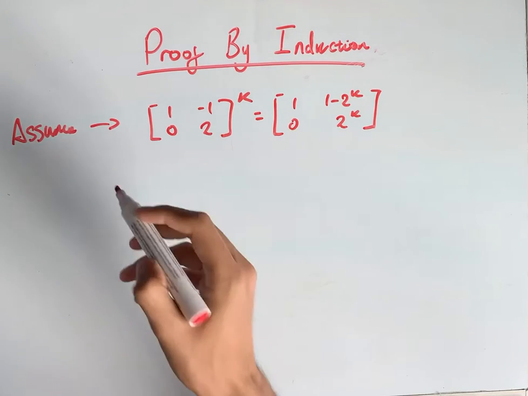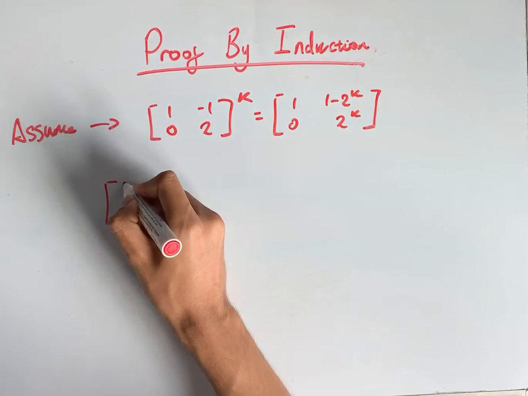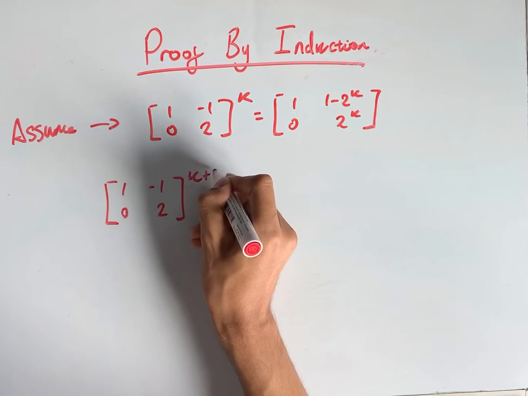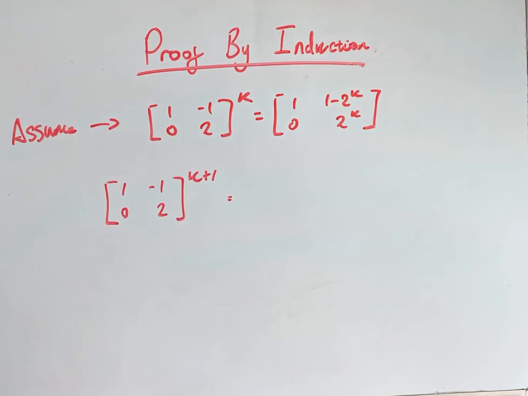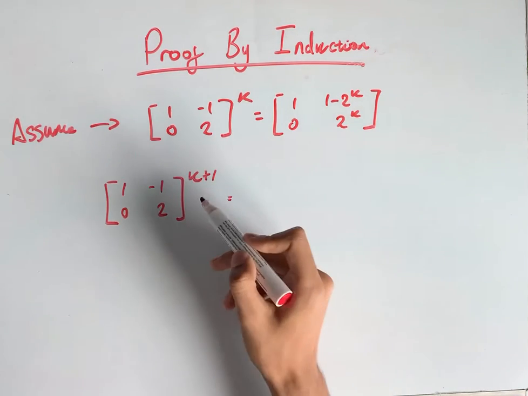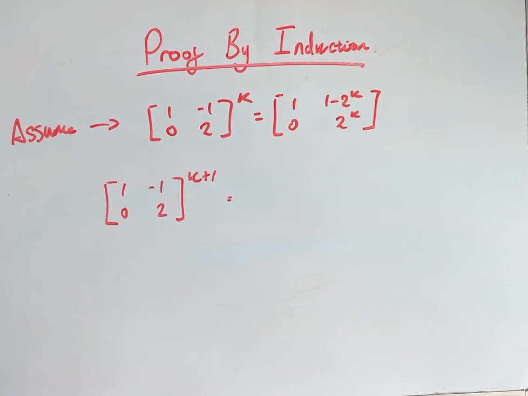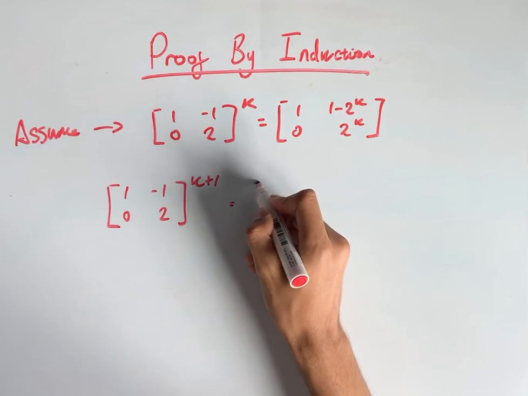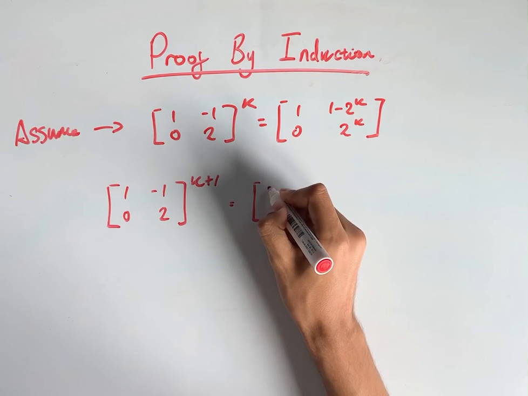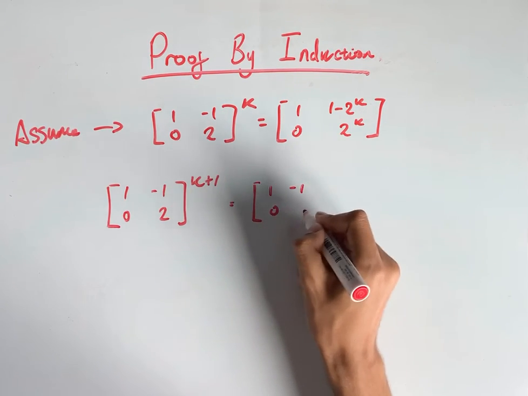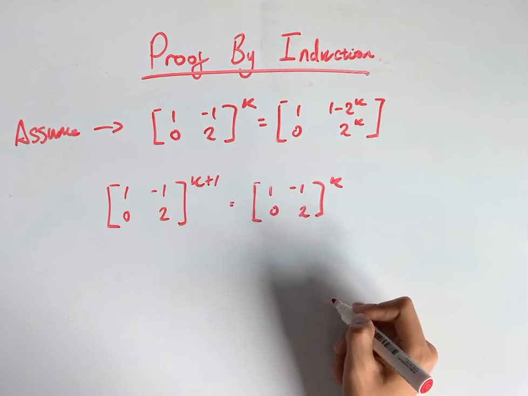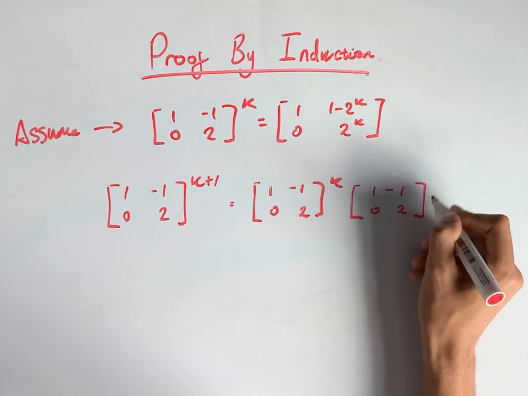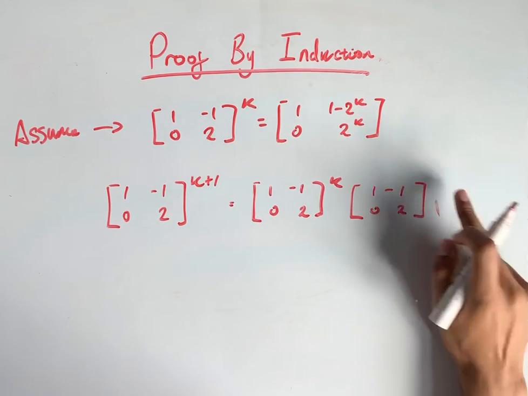So what we write is we do the left hand side 1, minus 1, 0, and 2 to the k plus 1. And we want to rewrite this somehow. Well, we know that with powers we can split them up into multiplication. So why don't we try that? If we say that this is simply the product of 1, minus 1, 0, and 2 to the power of k multiplied by all to the power of 1, which is just the matrix itself.